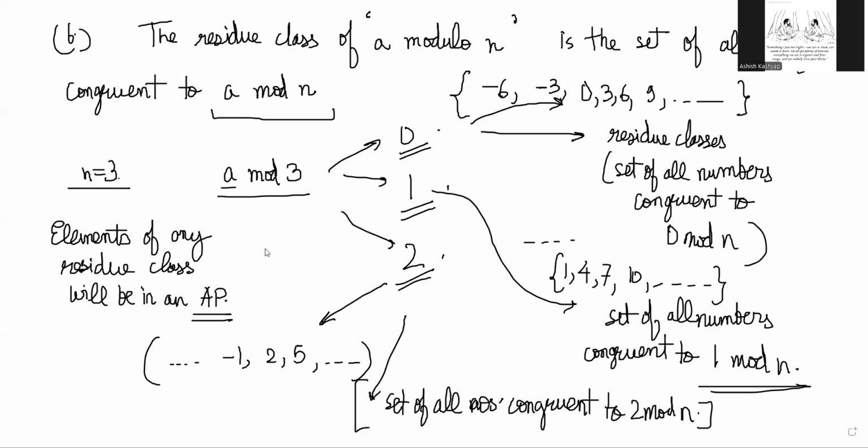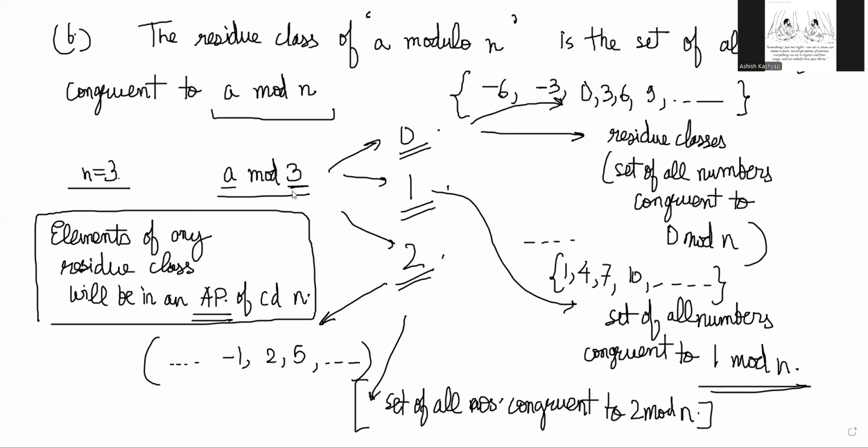Obviously, the common difference will be n, that is the modulo n, right? Here, the residue class has modulo 3, so all the APs here will have common difference 3. If you are dividing by a different integer, then the AP would have common difference n. Correct? Yes, sir.